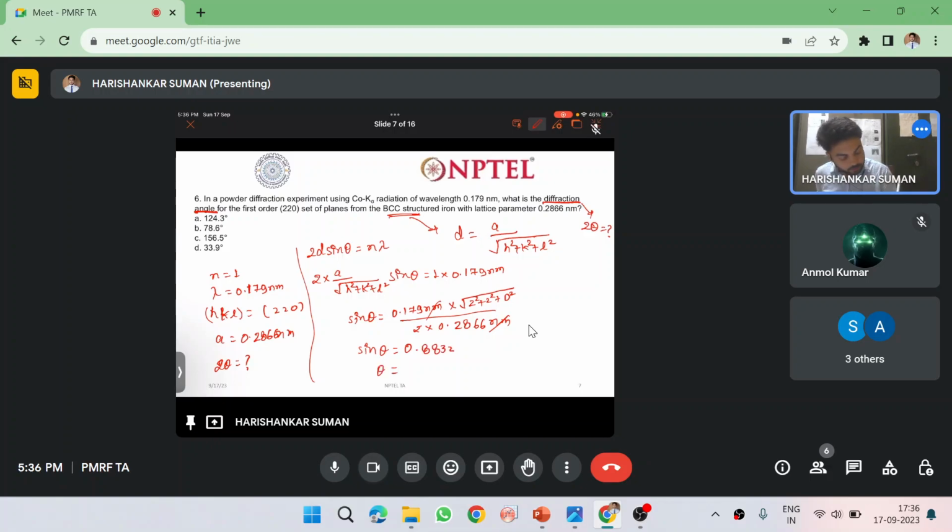Theta will be 62.03. So 2 theta equals around 124.